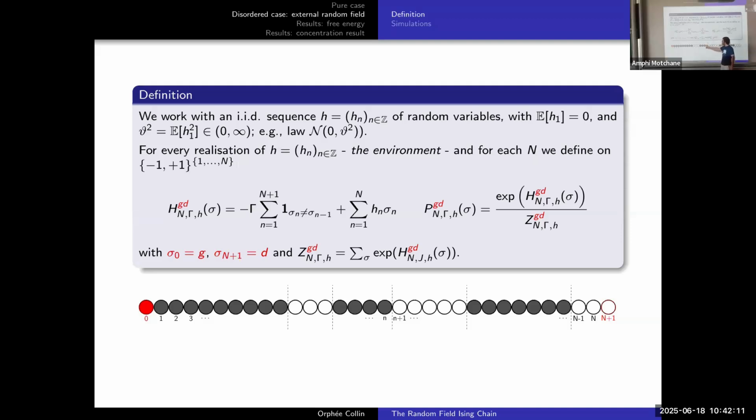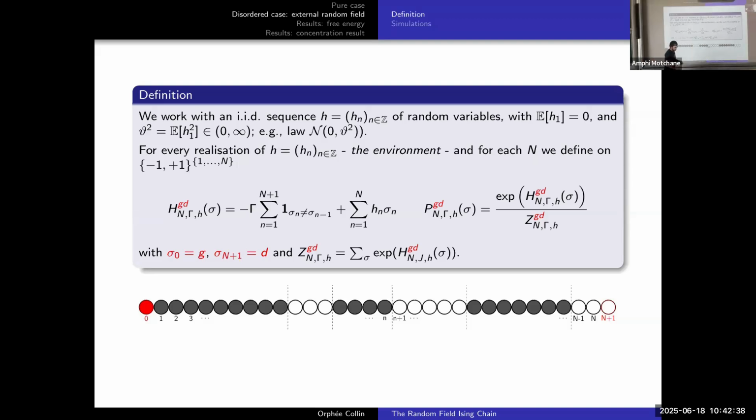You can imagine that there are arrows on each site, and the spins want to align with the local field. So if Hn is positive, sigma n is encouraged to be +1, and otherwise it's encouraged to be -1. And of course the strength of this behavior depends on the absolute value of Hn.